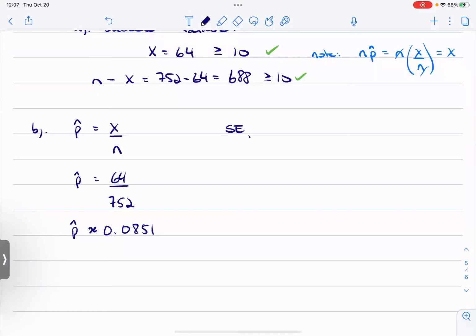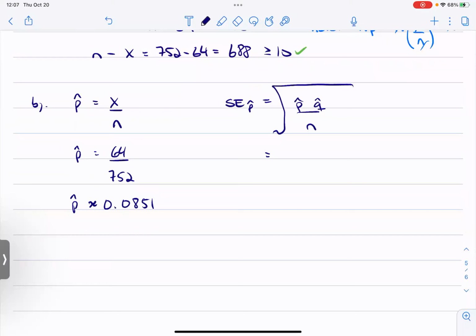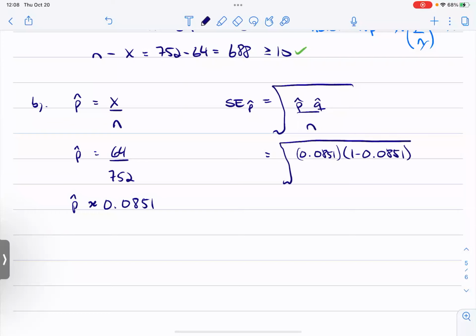And then I'll do it to the side here. The standard error of p hat is the square root of p hat q hat over n, which is the square root of 0.0851 times 1 minus 0.0851, divided by n, which is 752.